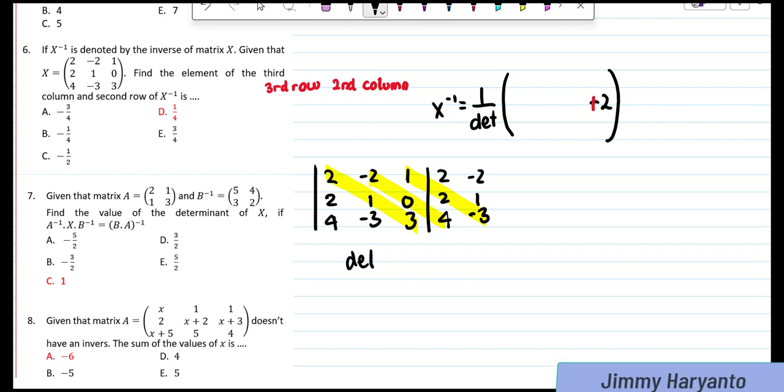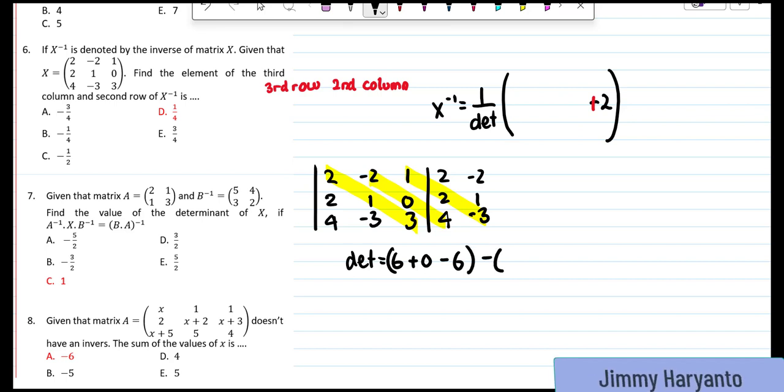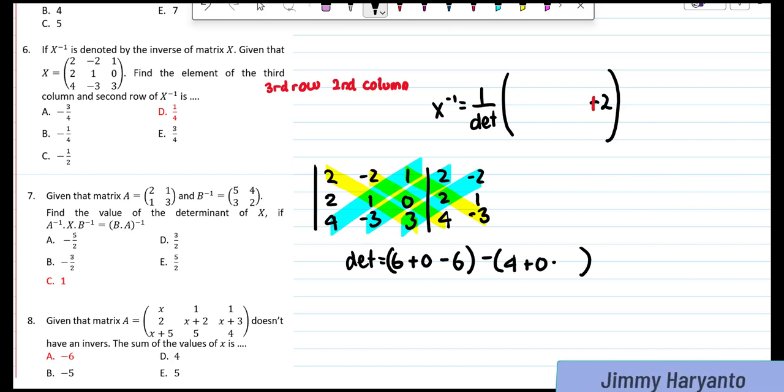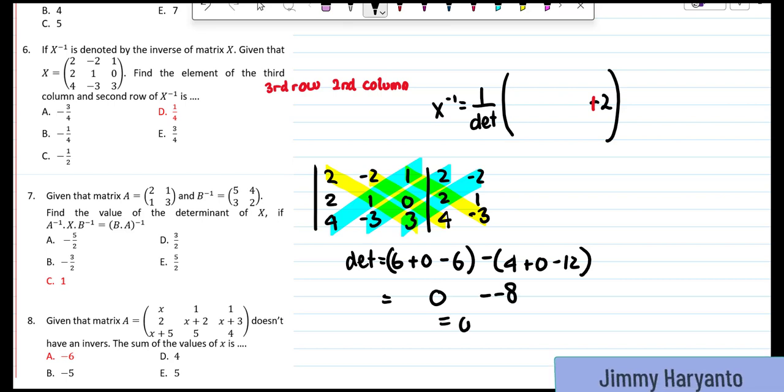You will have 6 plus 0 minus 6 for the yellow, and then for the blue, this, this, you will have 4 plus 0 minus 12. Okay, from this one you will have 0, from this one you will have -8, so the determinant will be 8. I will substitute it to the formula 1 over 8.